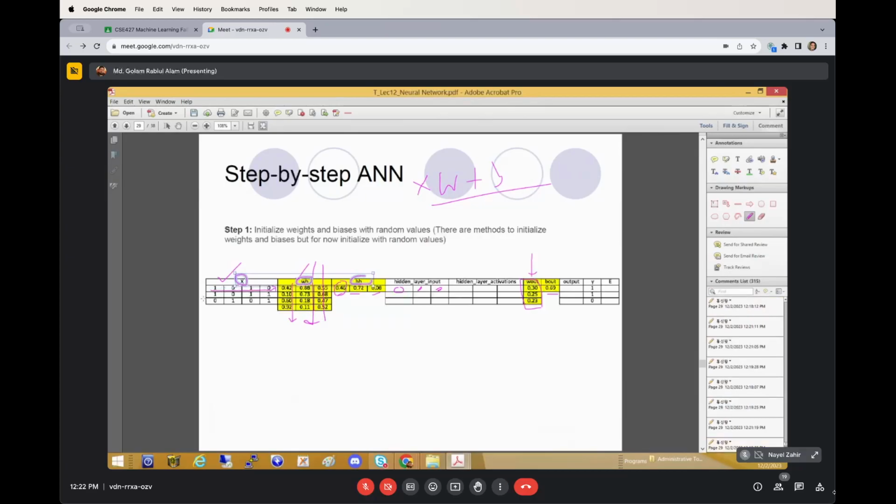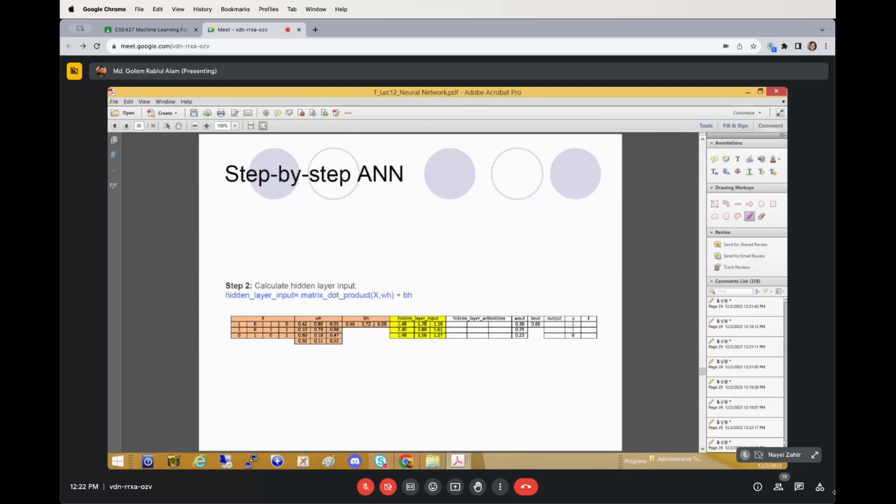Then again for the second input we go to the first column, then we get this value, second column, then we get this value, third column, then we get this value. Considering the third input, then again you can see we will get this value. So in this way we can find out the hidden layer inputs.